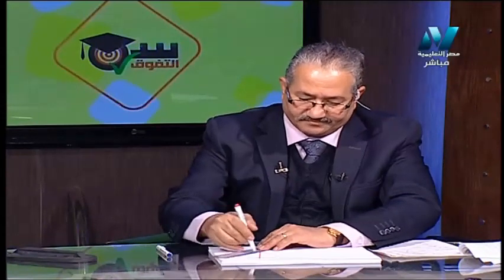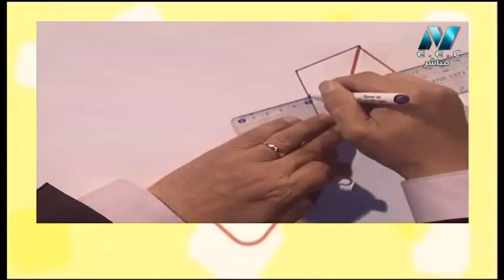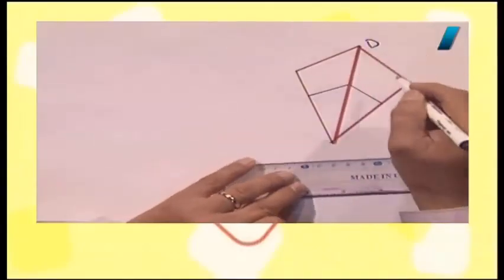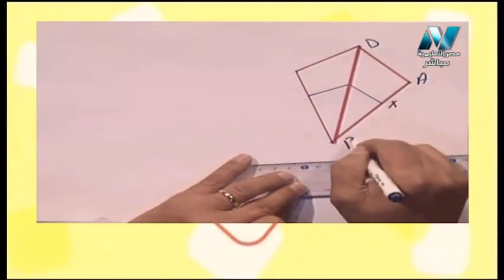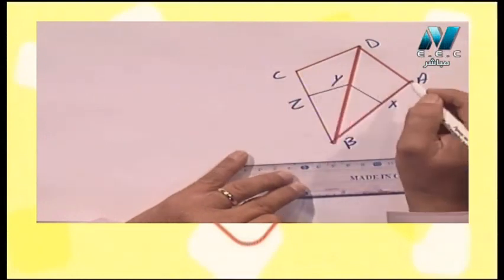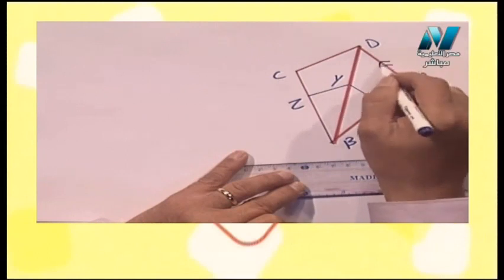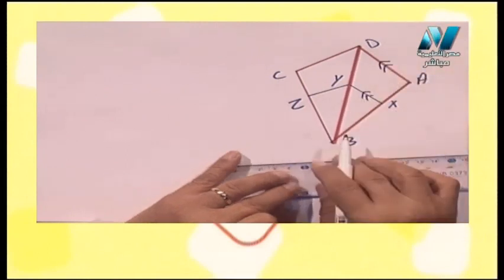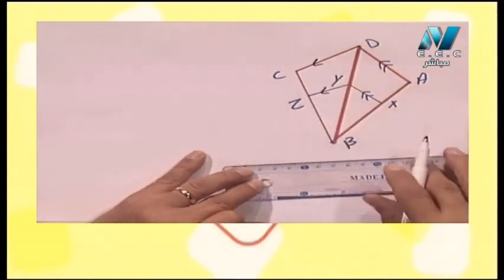Like two triangles here, and we have a line segment here parallel to this base, and another one parallel to this one. This is D, A, X here, B, Z, and C, and this is Y. We have agreed that AD is parallel to XY, and CD is parallel to ZY.